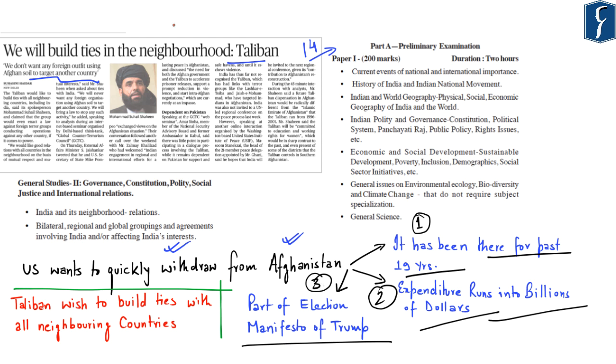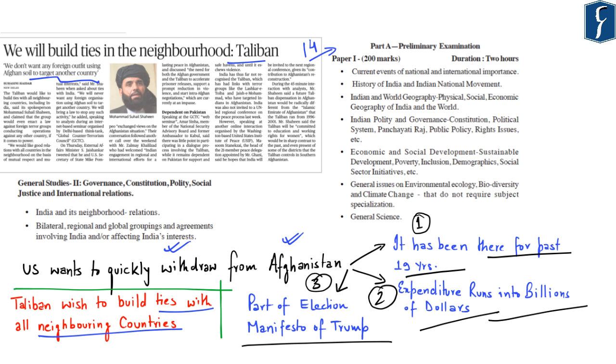So it is in this backdrop that the spokesperson of the Taliban has highlighted that it wished to build ties with its neighboring countries including China, Pakistan as well as India. Now this news must be understood from the perspective of this peace deal negotiated by the United States and also its impact on India, because the coming of the Taliban into power in Afghanistan will be a strategic blow to India.